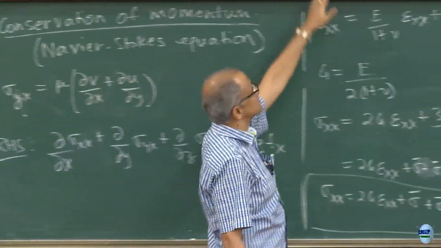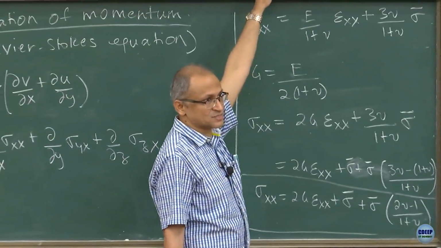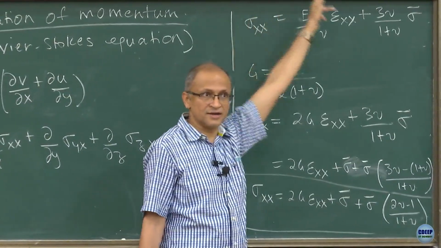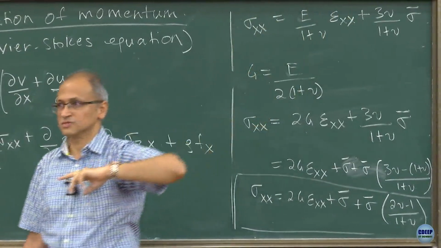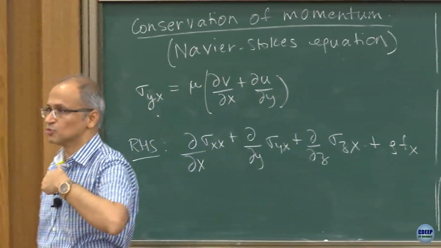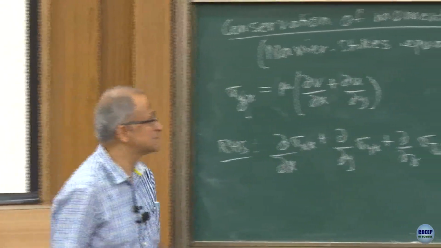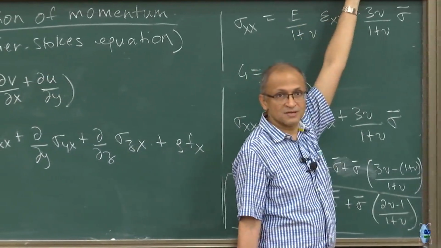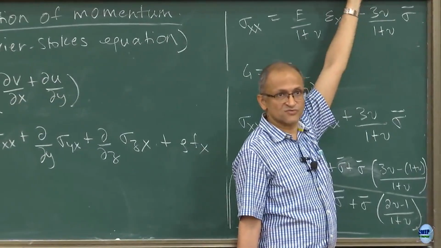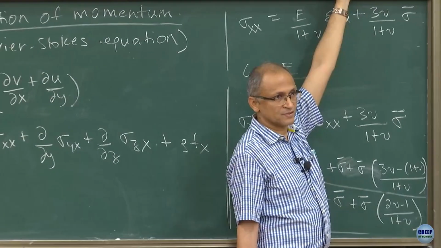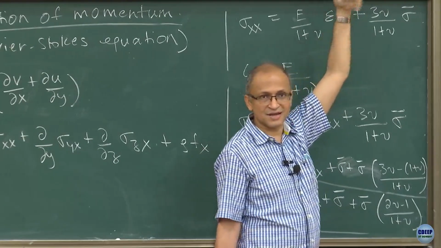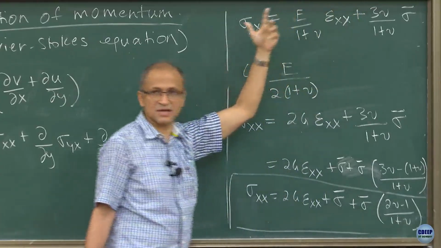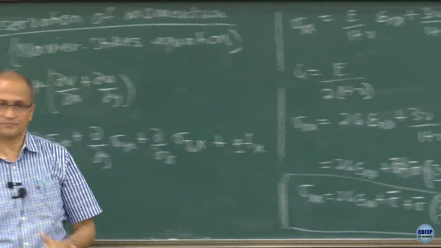So you have to take the gradient of them to lead to a net force, which is what will enter into your momentum equation. So this term will become a second order derivative of u with respect to x. That's where the second order terms on the right hand side will start showing up.